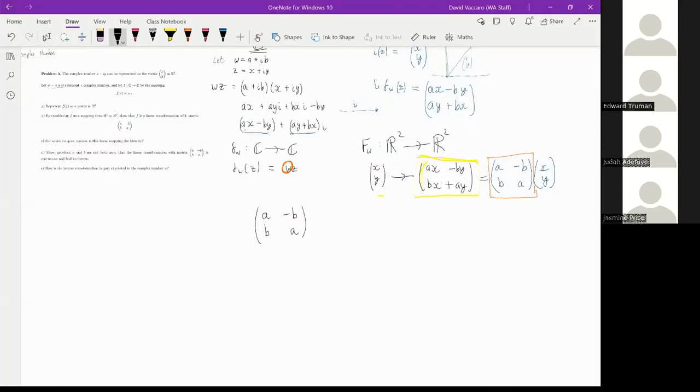Okay, well, some of my terms involve an a, and some of my terms involve a b. So I could write this matrix as a times (1, 0; 0, 1) plus b times (0, negative 1; 1, 0).